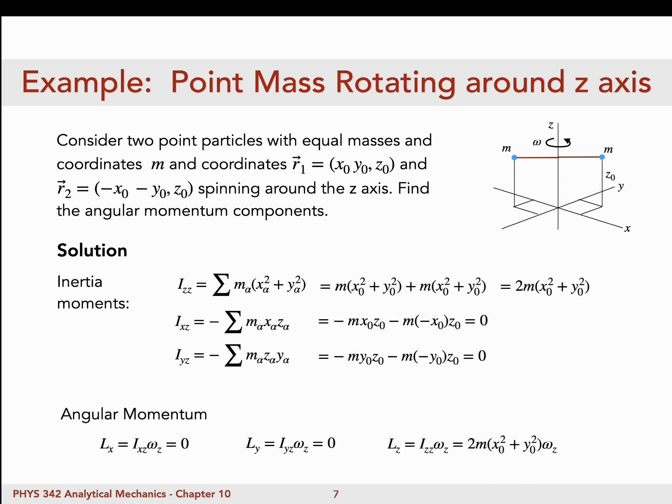So in this case, this case is kind of a special case of one of the examples on the previous page. If we take this one and rotate it by 180 degrees, this one will map over to there, and so that's when you get these L_x and L_y terms going to 0.